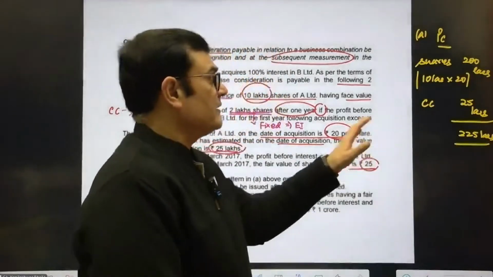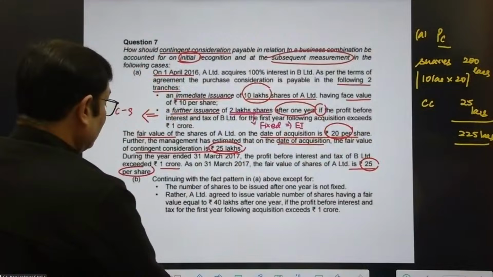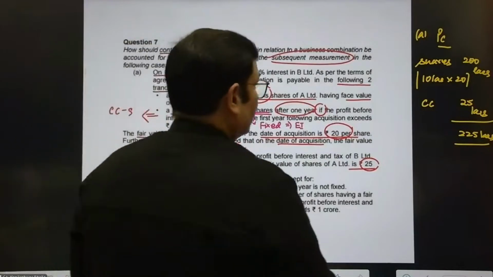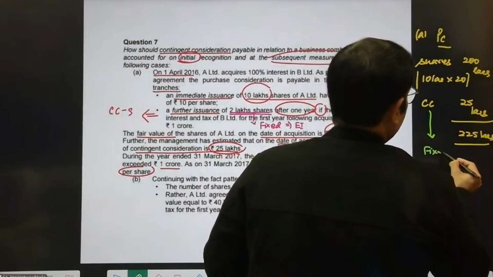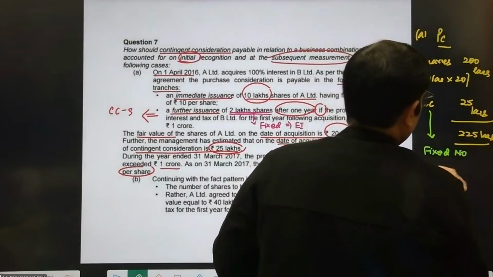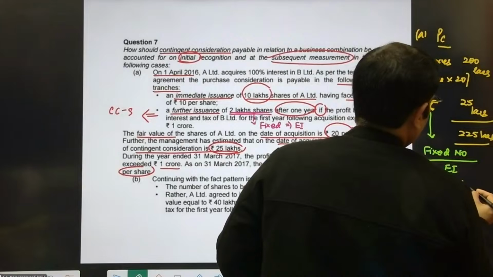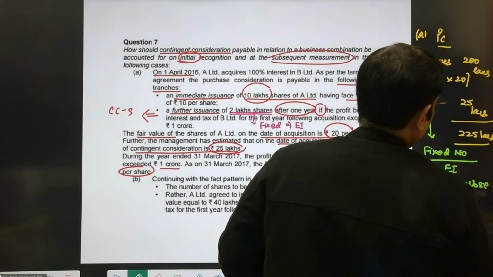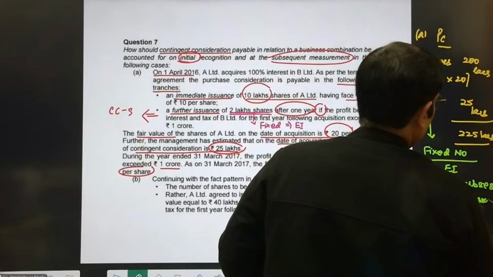Because this consideration is calculated on the date of acquisition, 1st April 16, we can definitely say in this particular case that the contingent consideration is in a fixed number of shares. Since it is a fixed number of shares, it is supposed to be an equity instrument, which means no subsequent remeasurements are required in this particular case.